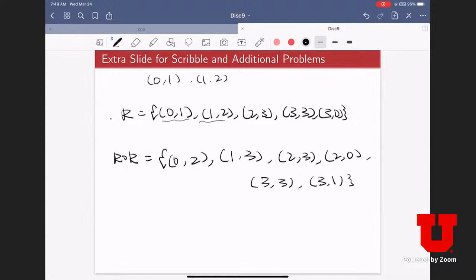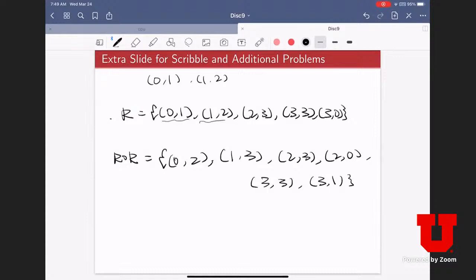Okay, so is this one antisymmetric? Nope, this one is not antisymmetric.